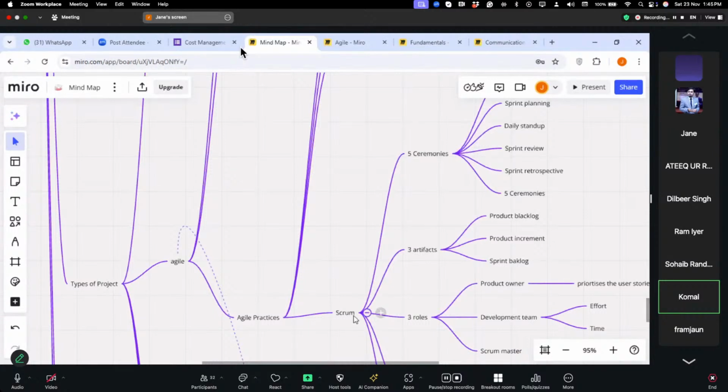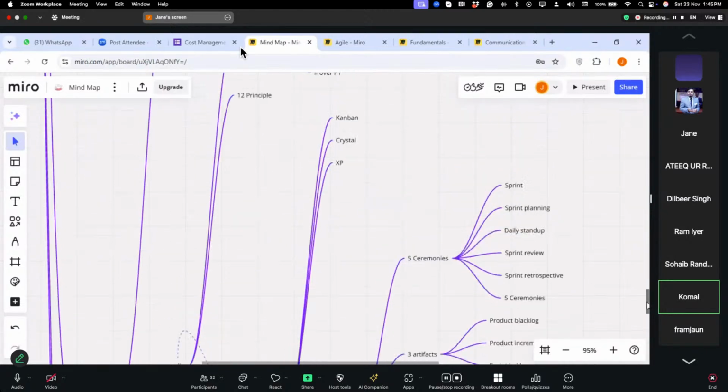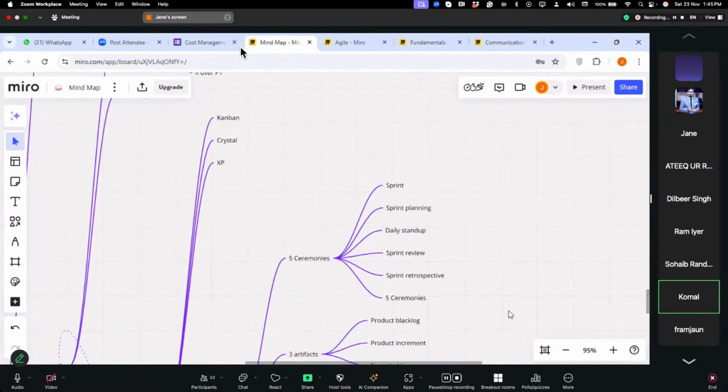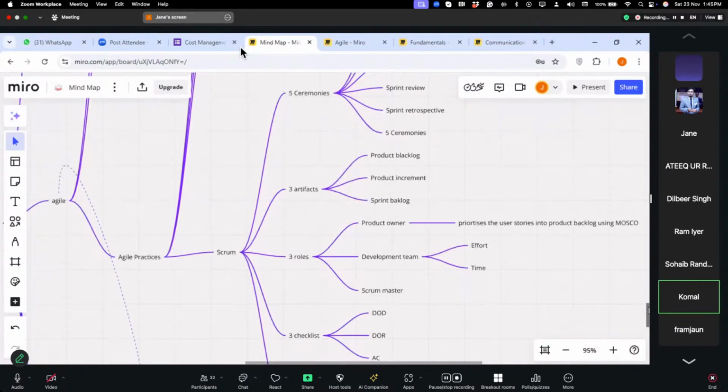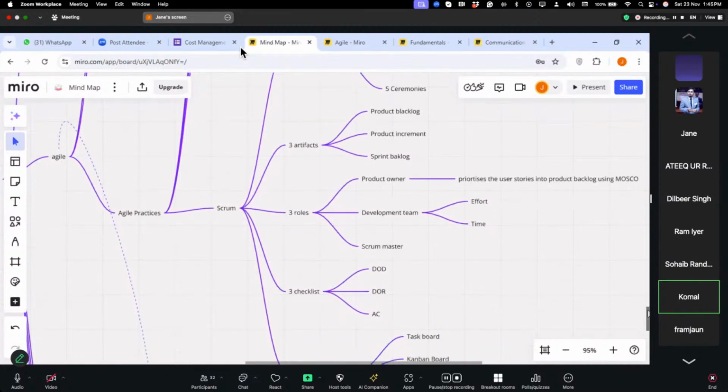Mostly Scrum, we have 5 ceremonies: sprint planning, daily stand-up, sprint review, and sprint retrospective, and 3 artifacts: product backlog, product increment, and sprint backlog. 3 roles: product owner, development team, and Scrum Master.